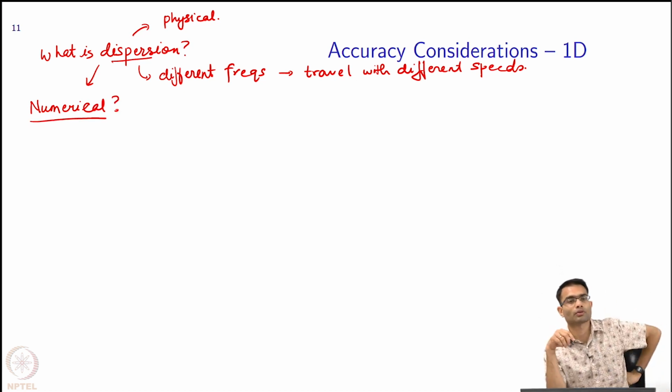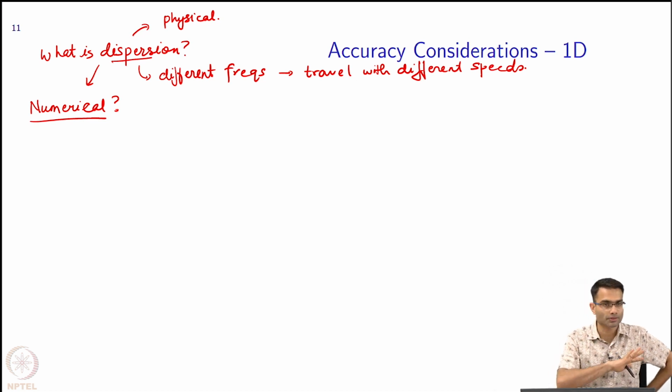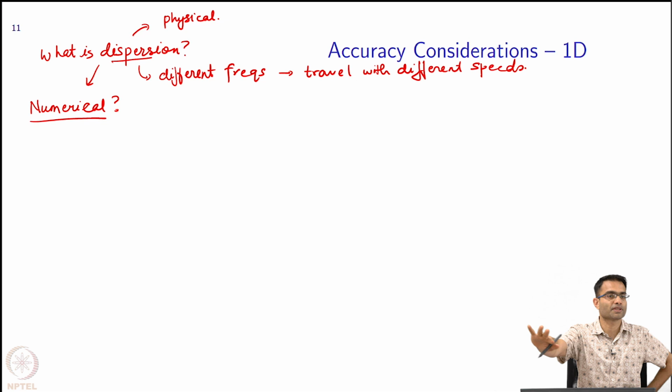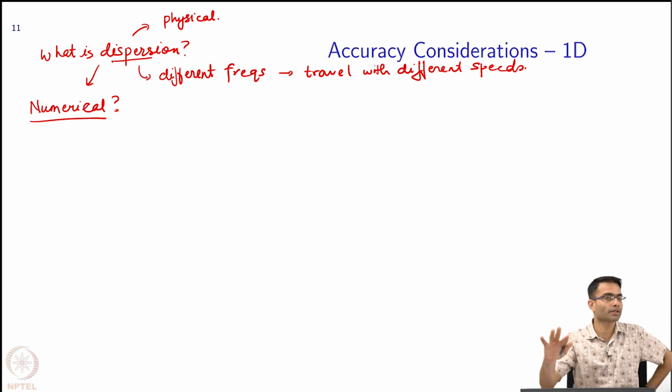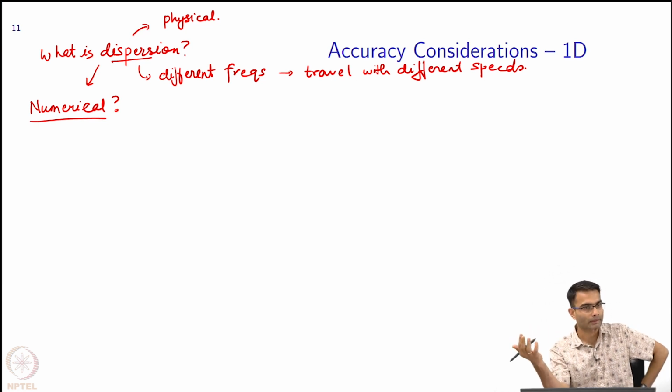So, numerical dispersion, supposing I am trying to model wave propagation through let us say free space. Physically, should there be any dispersion? Obviously no, but numerically dispersion may happen depending on how I have implemented FDTD. So, would it be a good thing or a bad thing? Obviously a bad thing, right?